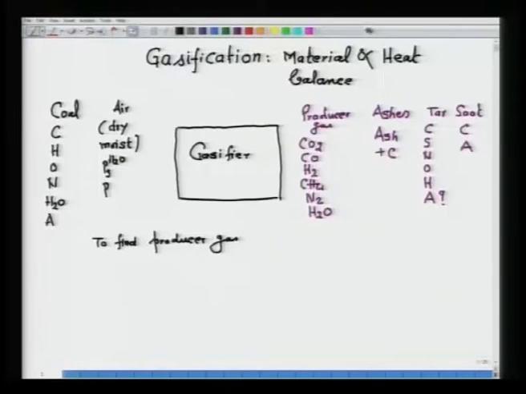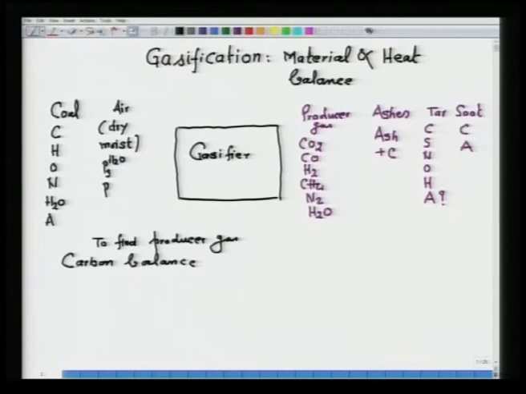All that it means is simply a mixture of CO plus hydrogen. So, if you want to find out the amount of producer gas, then simple, one has to do a carbon balance, taking into account all sources entering and leaving.